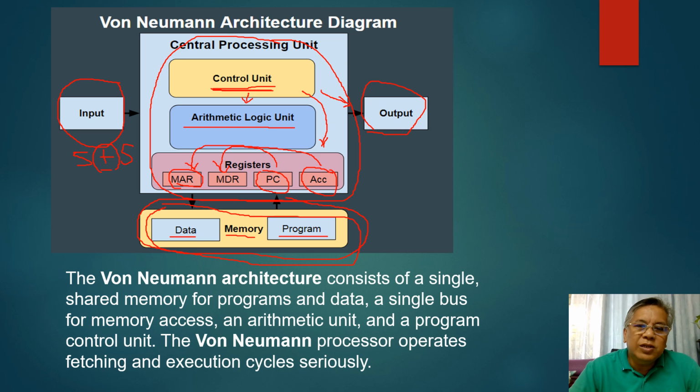Now, the result of your arithmetic logic unit will be temporarily stored into your accumulator. Alright? Then, your program counter now will provide an address into your memory address register.